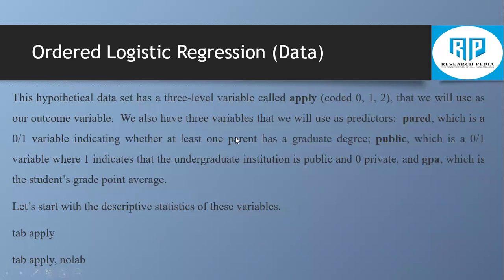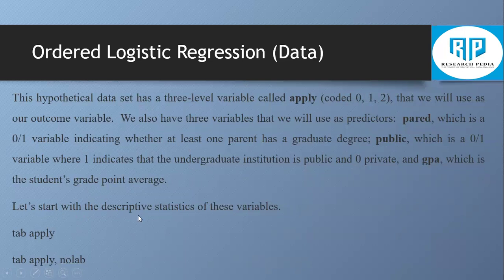This is the first independent variable, parent education, PARED. The next independent variable is public, indicated by 0 and 1, where 1 indicates that the undergraduate institution is public and 0 means private. And the third independent variable is GPA, which is the student grade point average. So these are three independent variables, and this is the dependent variable, which is showing some ranking, some order from 0 to 2.